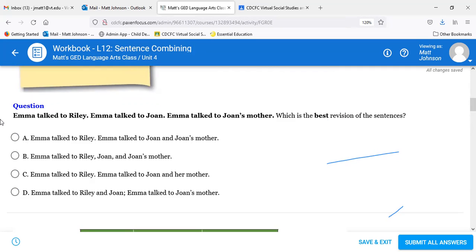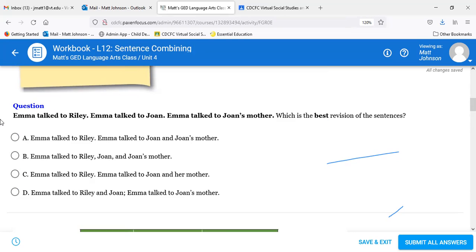A. Emma talked to Riley and Joan and Joan's mother. B. Emma talked to Riley, Joan, and Joan's mother. C. Emma talked to Riley. Emma talked to Joan and her mother. D. Emma talked to Riley and Joan. Emma talked to Joan's mother.